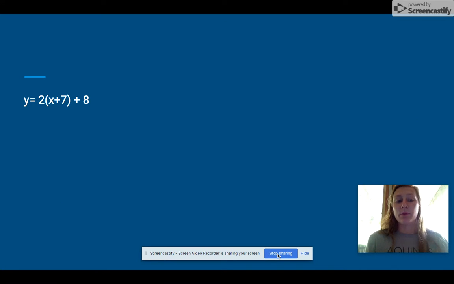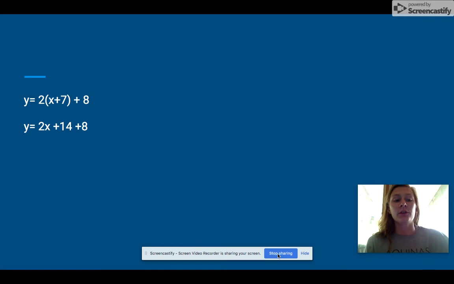So here we have another example that is unlike the y equals mx plus b. For this, you'll have to do some problem solving, so I will go ahead and do the example. We have y equals 2 times (x plus 7) plus 8. What we have to do first is use the distributive property, so y equals 2x plus 14 plus 8.